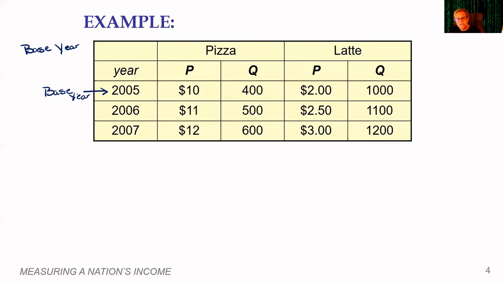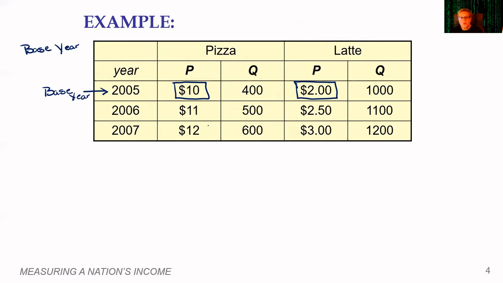Because we're using 2005 as our base year, when we get to the interpretations, we have to be careful because we have to include 2005 data. And I'll explain that a little bit more when we get there. So essentially what we're doing at this point is we're going to hold the price constant in the base, but allow the quantity to change.